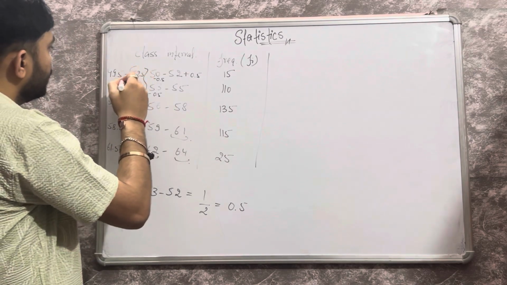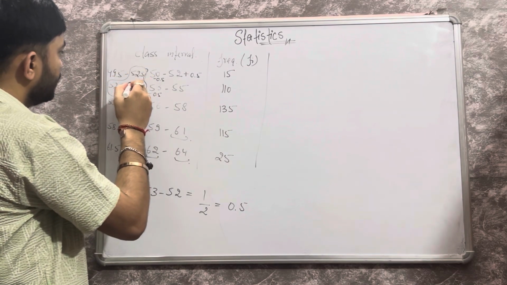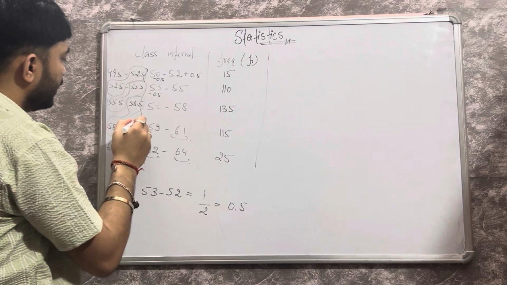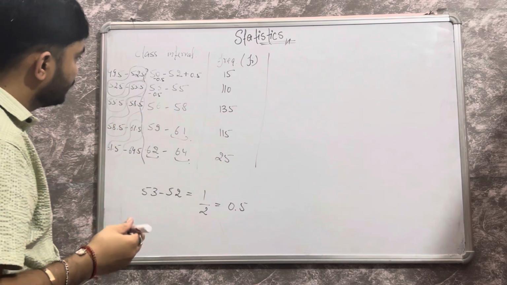Now look here, these values are the same now. So our class interval is in the right direction now.